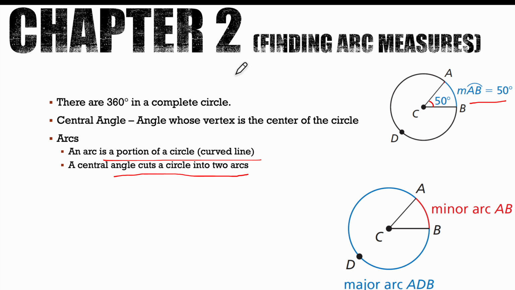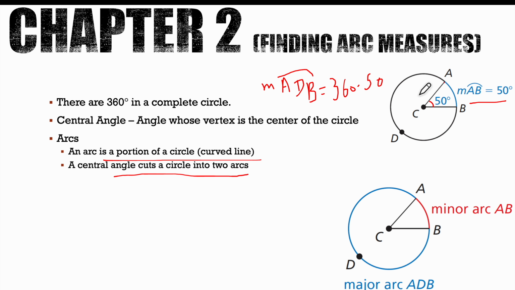But if I say what is the measure of arc ADB, how much will it be? It will be 360 minus 50, which is 310. Why 360 minus 50?